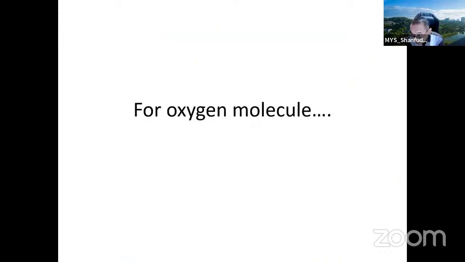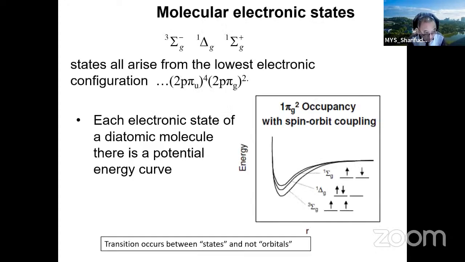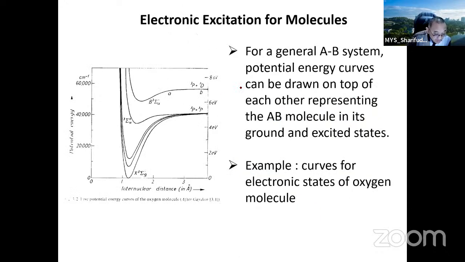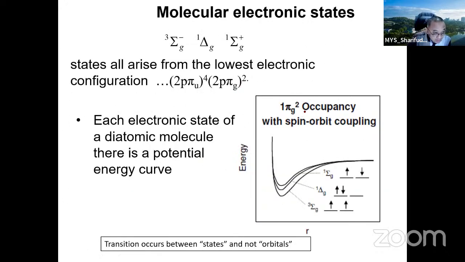Right. Let's have a look at how this works out. If we look at a proper molecule like the oxygen molecule, the states that arise from this configuration, 2p pi u and 2p pi g, the states that exist are these states.